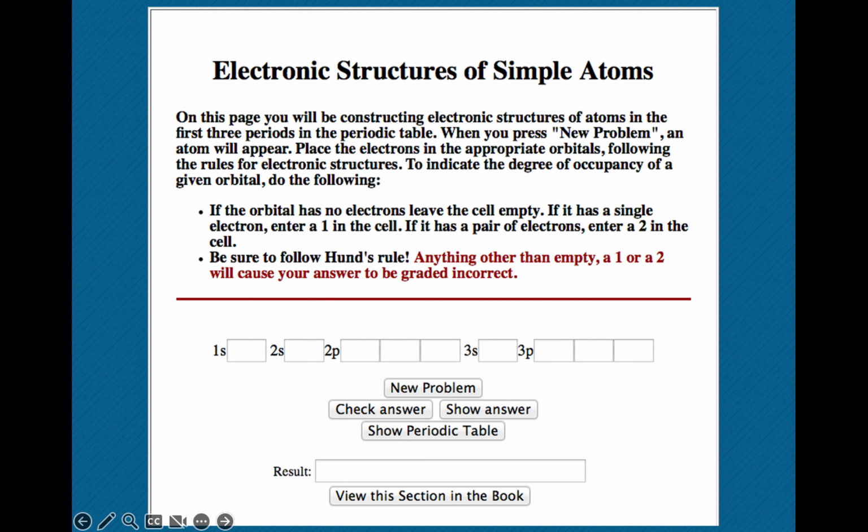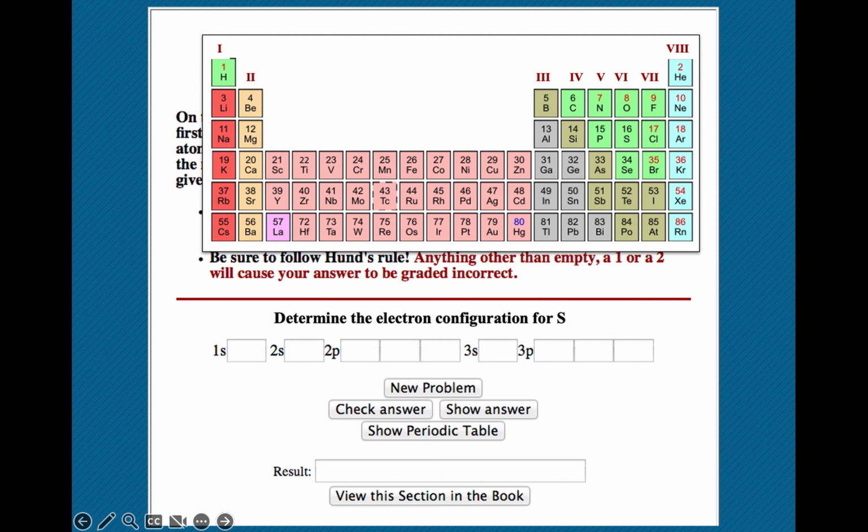There's a tutorial for this, of course. Let's do sulfur again, because we know the answer. Sulfur is still right here. That means the 1s is completely filled. So we show that by putting the number 2 here.